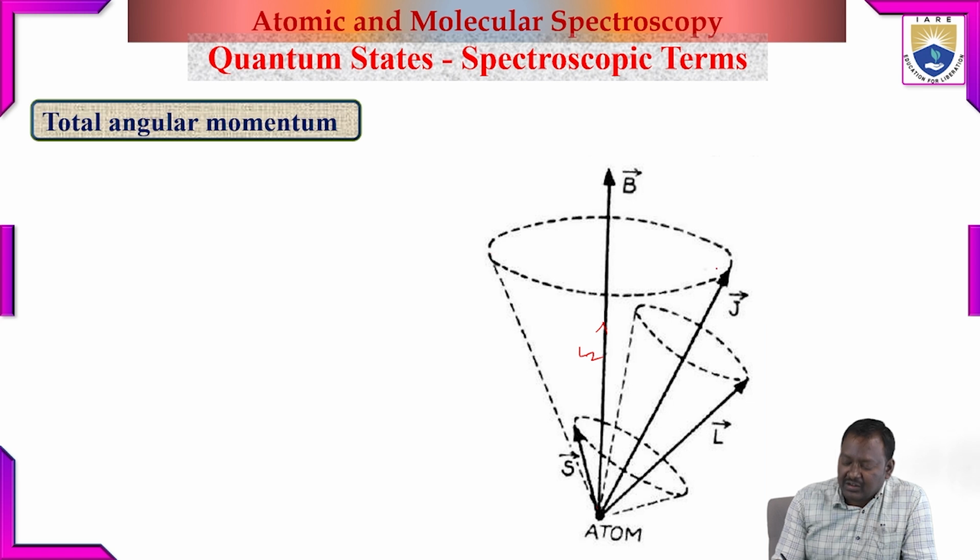So this is the precession of J bar with reference to the magnetic field B bar. So this also makes some angle with reference to the magnetic field.